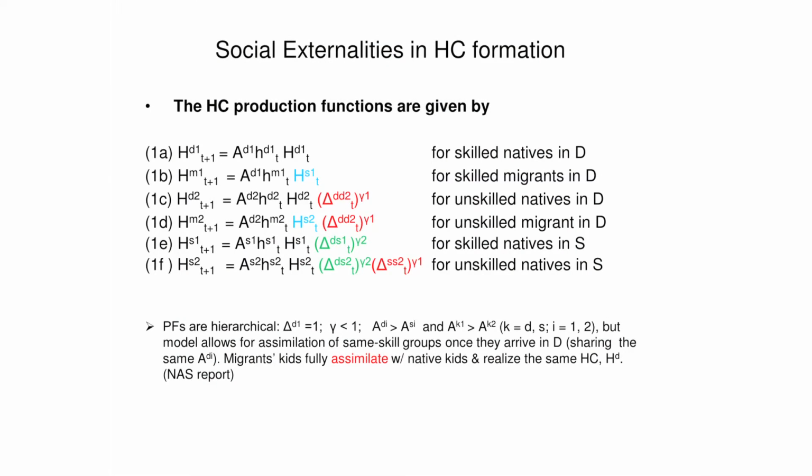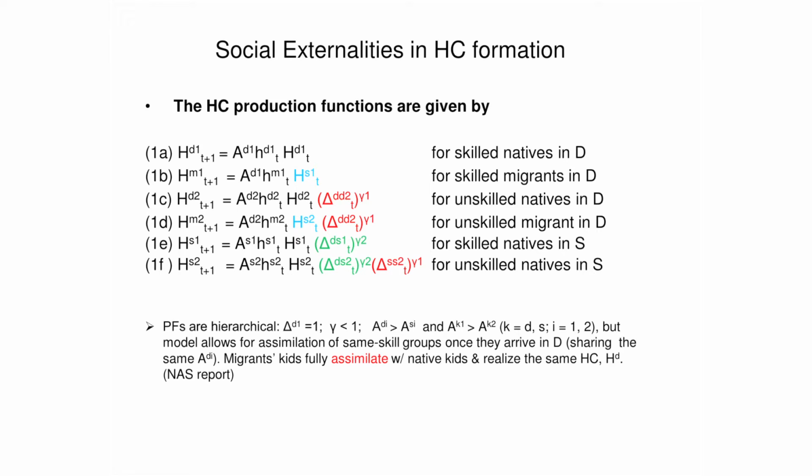And the same thing, however, would occur for the less skilled. First, I'm just giving you an overall view of the structure of these diverse human capital production functions that we have in the model.